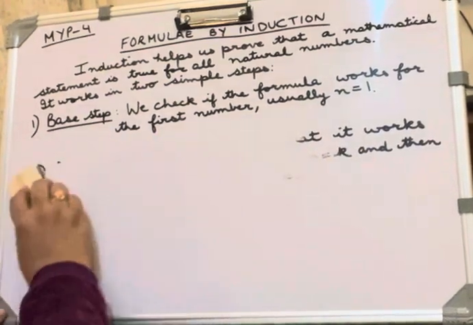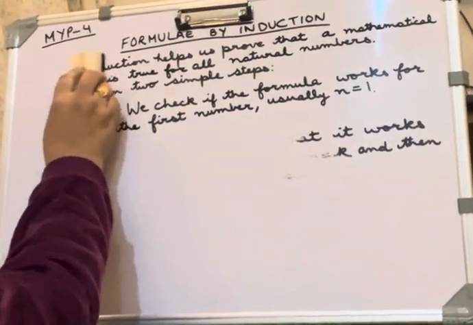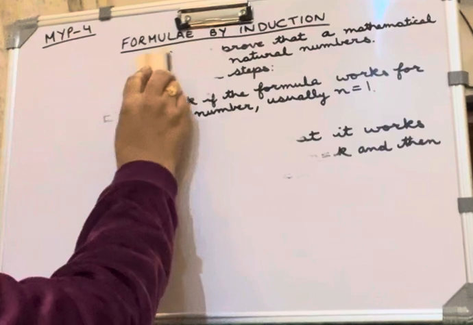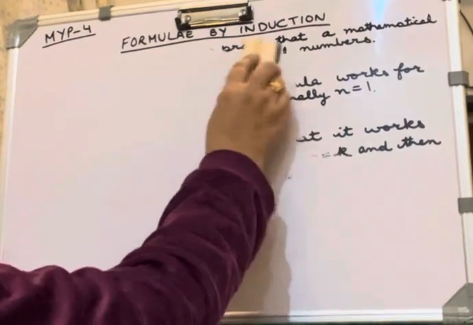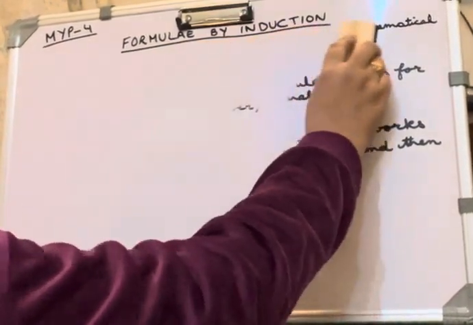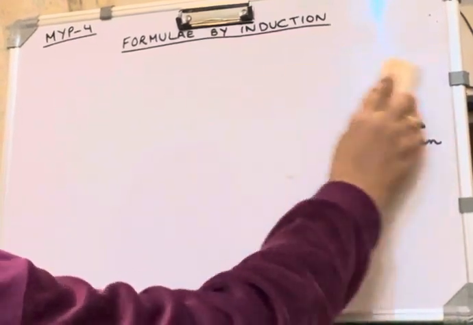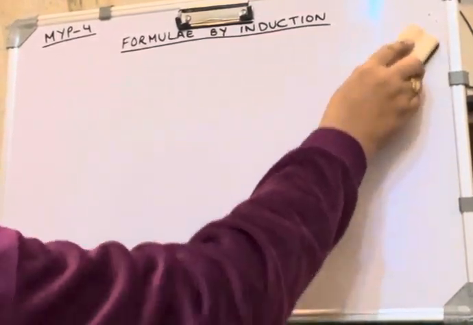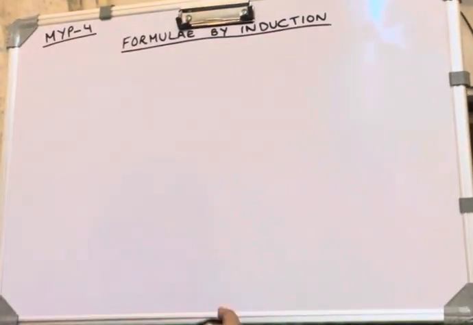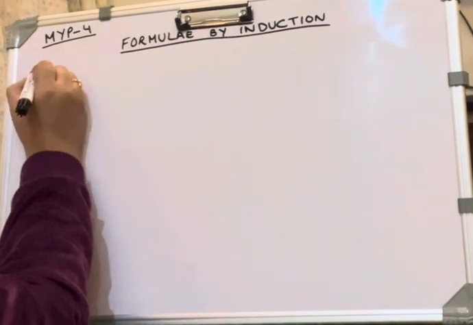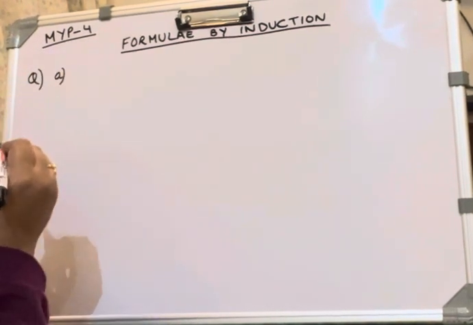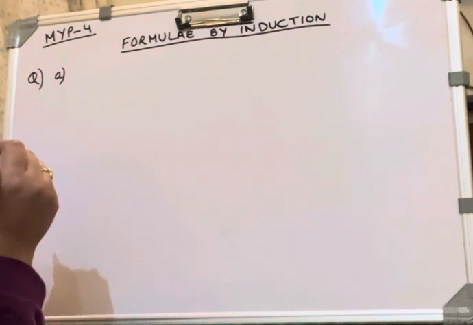Just give me a moment to erase this part. Now the question is part A. What is the nth multiple of 3?